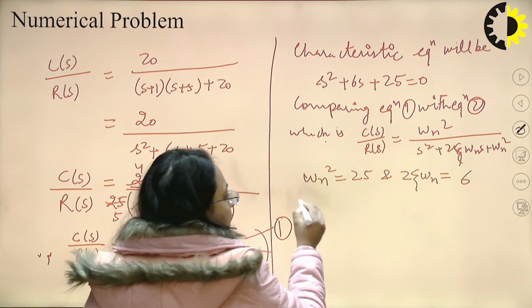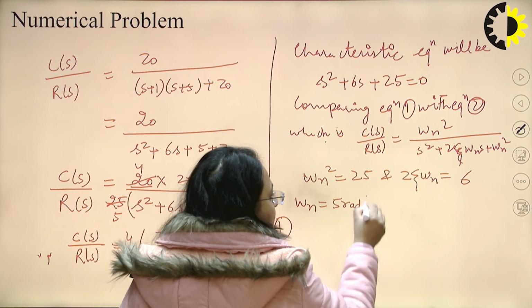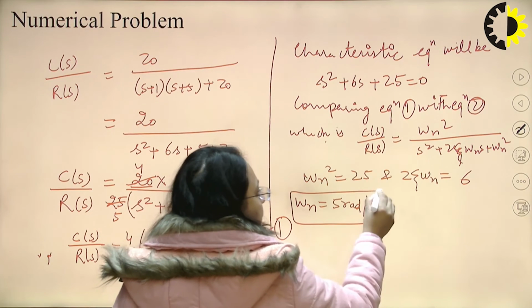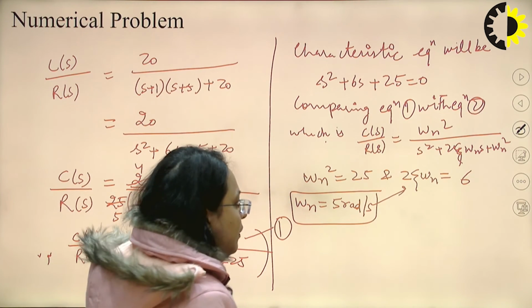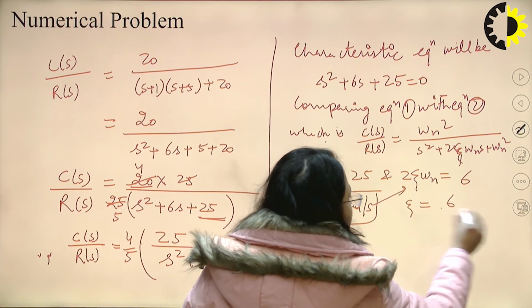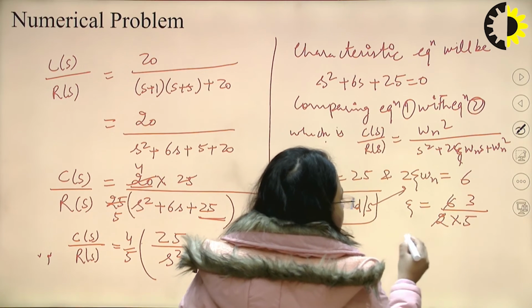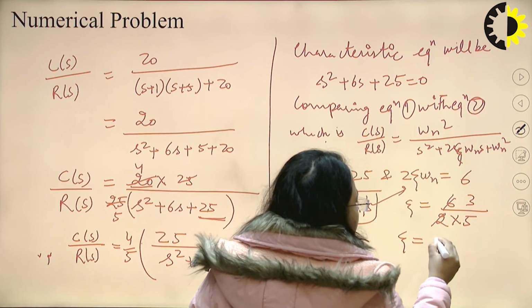So from here we get omega n is equal to 5 radians per second. Okay, and we will put the value of omega n in this equation. We'll get the value of zeta, which is 6 upon 2 into 5, which is 3 upon 5. So the value of zeta is coming out to be 0.6.